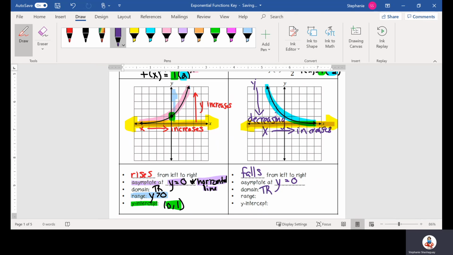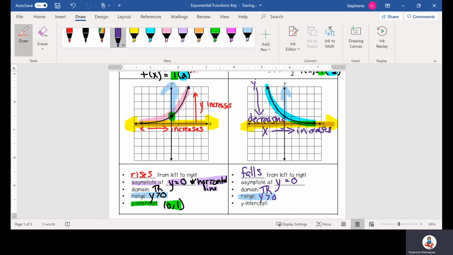And our range here is still going to be y is greater than 0. Because look at this, your range didn't change from growth to decay. Your range is exactly the same, and that's because that function is still going to be above the x-axis. So you could have any possible y value, but it can't be 0 or below.